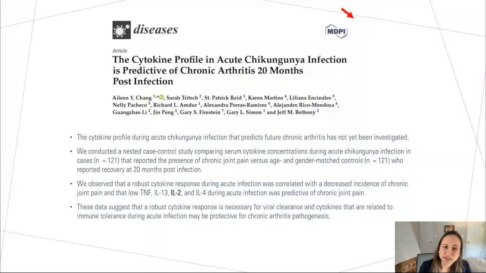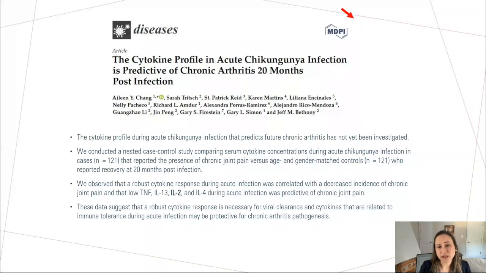To further work on this, the next thing we did was we looked at the cytokine profile of patients who had chikungunya and developed arthritis years later, or continued to have arthritis years later, and patients who had chikungunya and did not have arthritis years later. And we age and sex matched those patients.